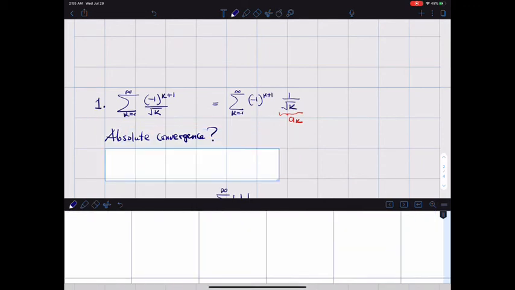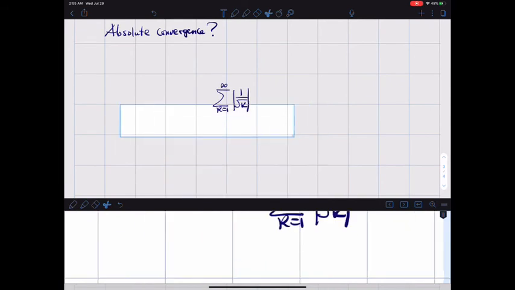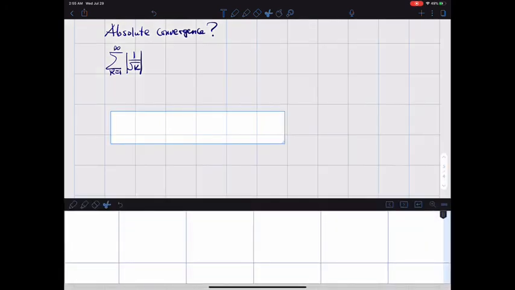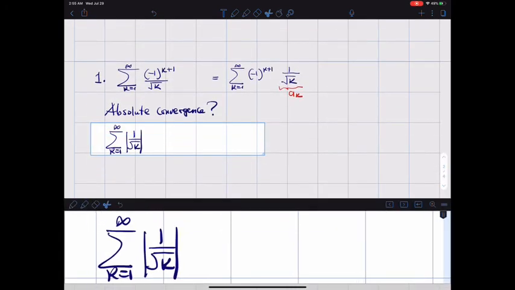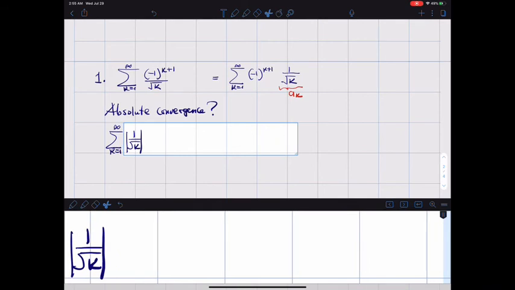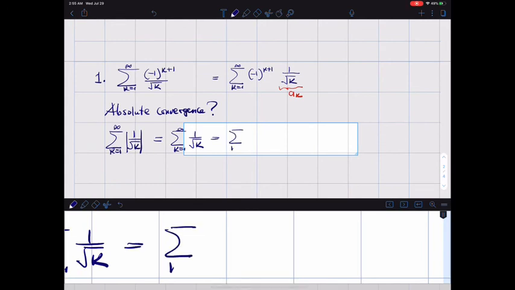To do that, I'm going to enclose my a_k in absolute value, even though it's already positive. So this will just give me k from 1 to infinity of 1 over square root of k, which is k from 1 to infinity of 1 over k to the power of 1/2.